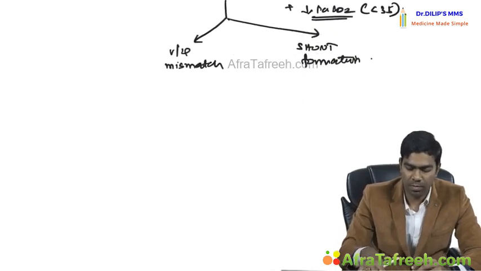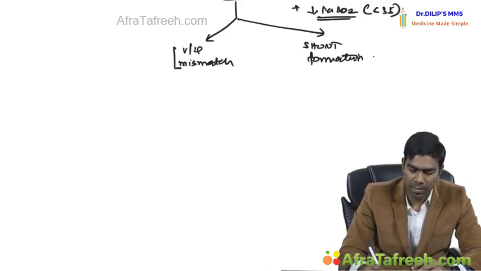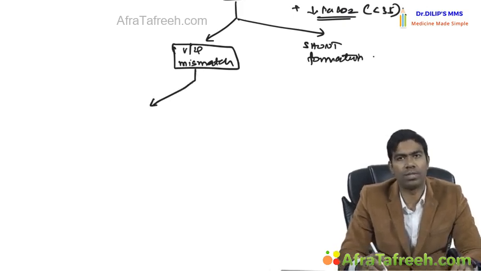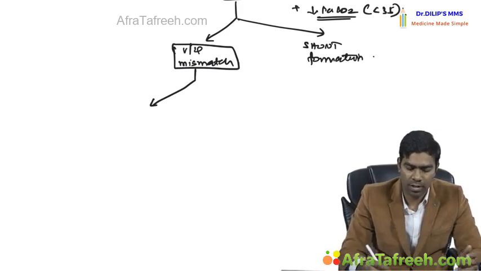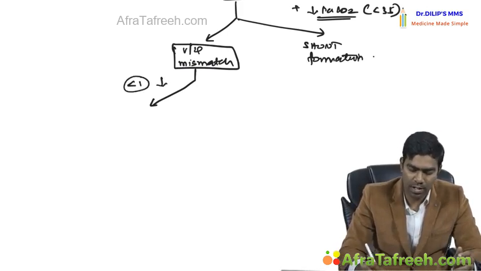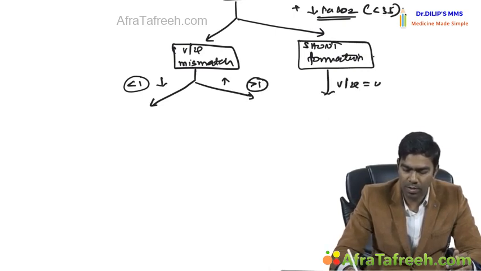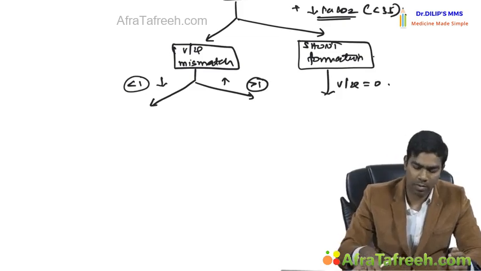So what do you mean by VQ mismatch? The VQ ratio is increasing or decreasing. A VQ ratio can be decreased, which means it's less than 1, or increased, which is more than 1. The moment I say shunt formation, the VQ ratio will be equal to 0. Let me come back to that.